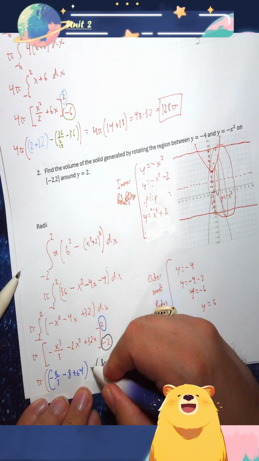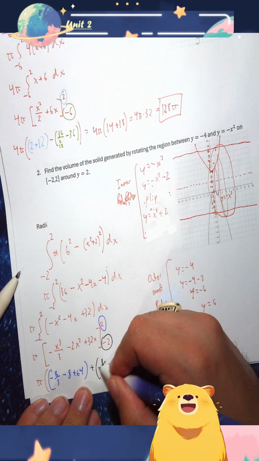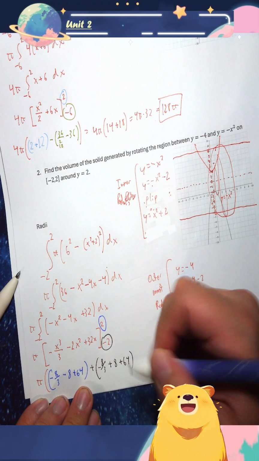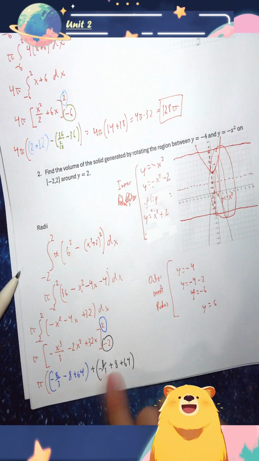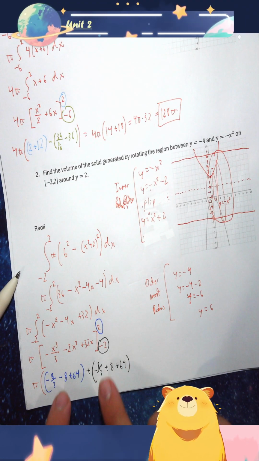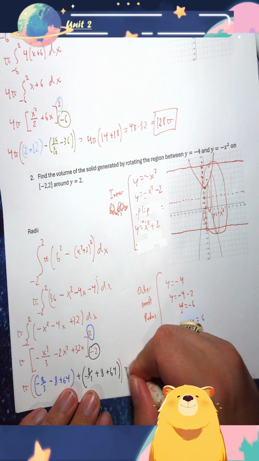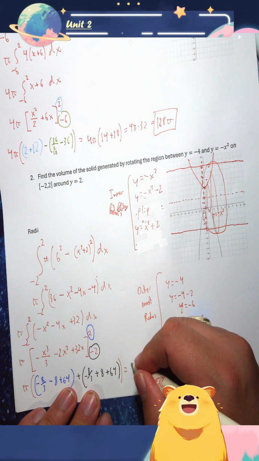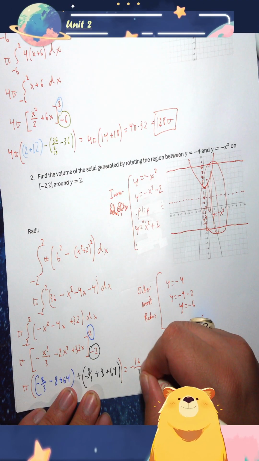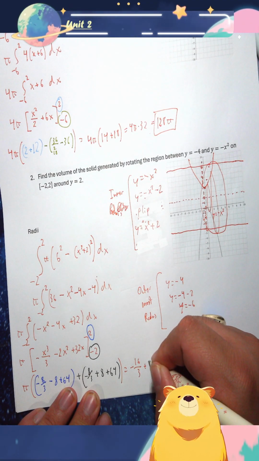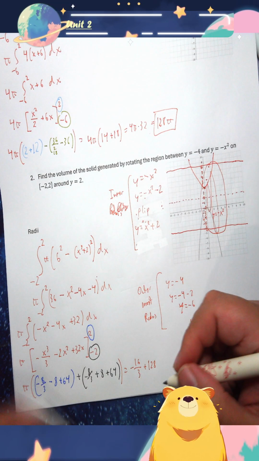But then the negative will distribute to where this is a negative, that's a positive, and that's a positive. So this will just double, this will cancel out, and this will double. So we're left with -16 over 3 plus 128.